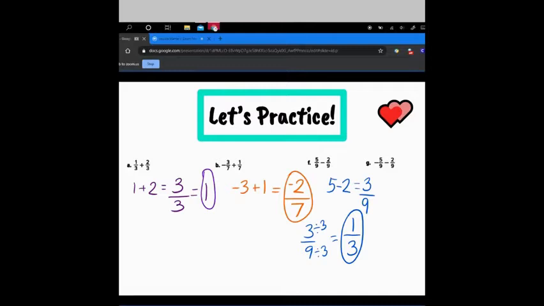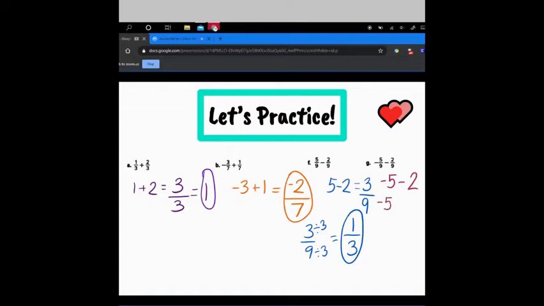Letter G, -5/9 minus 2/9. So we're going to start by subtracting our numerators. -5 minus 2. But as you can see, whenever we subtract integers, we need to do keep, change, flip. So we're going to keep -5 the same.